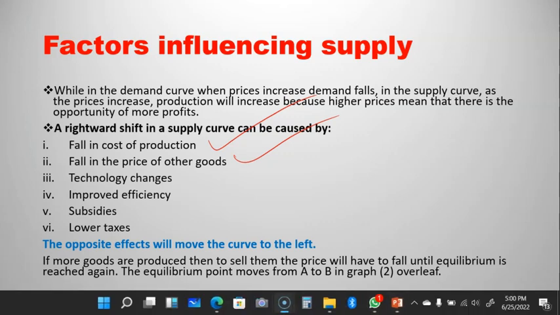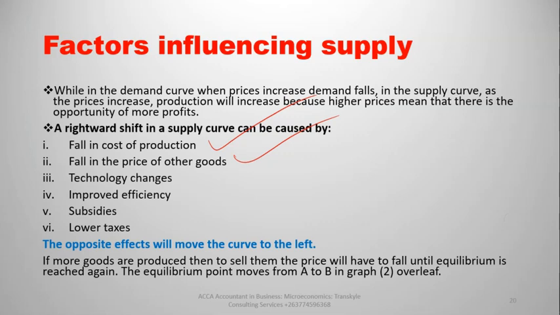This is because suppliers would feel that their product has got the opportunity to make more profit, as other goods are having their prices falling. Then it means there is an opportunity to make more money with our product, so they continue to produce.